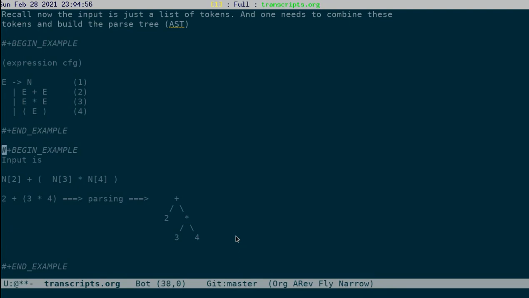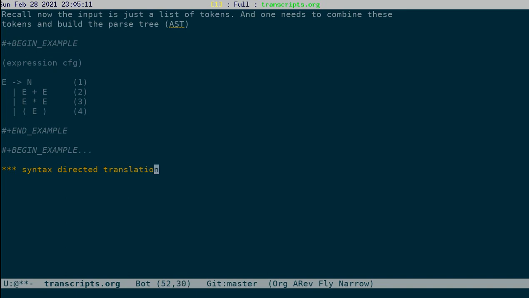Let's go back to the grammar. The process is called syntax directed translation. The syntax here means the context-free grammar associated with the language.